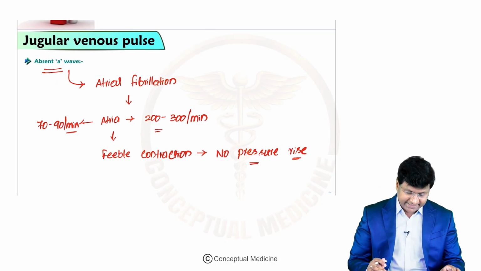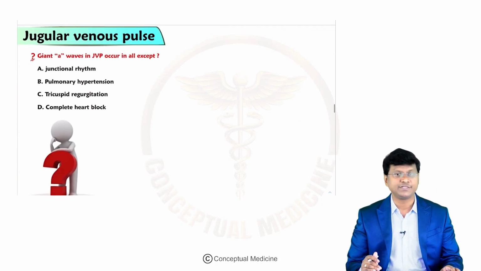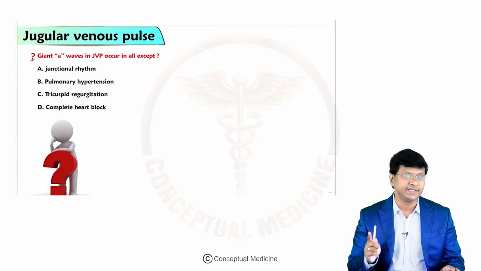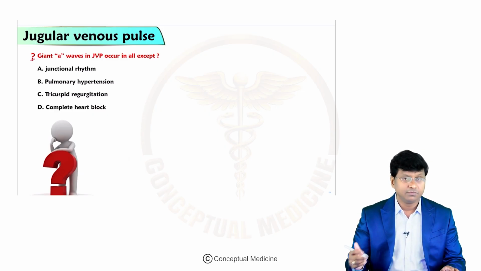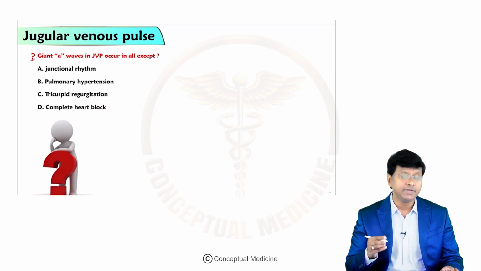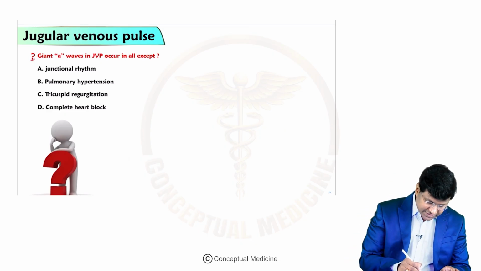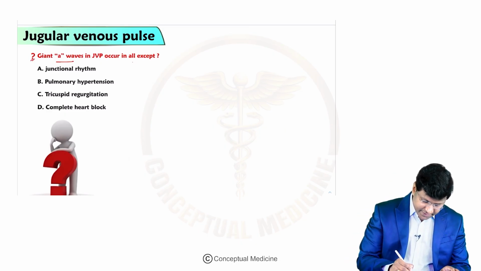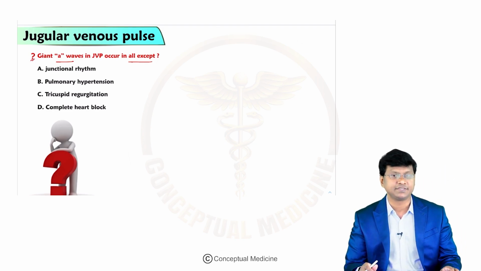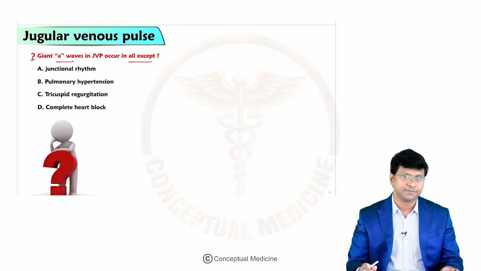Next. Followed by that, what are the other abnormalities of the A wave? We have a giant A wave and then we have a cannon A wave. Where will you have a giant A wave, and where will you have a cannon A wave? Let me discuss both of them. Giant A wave in JVP occurs in all except junctional rhythm, pulmonary hypertension, tricuspid regurgitation and complete heart block.